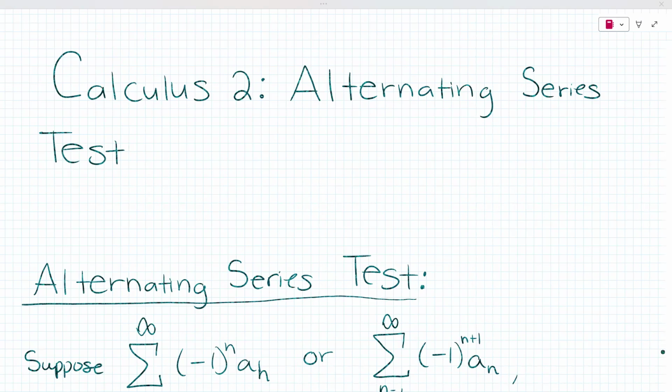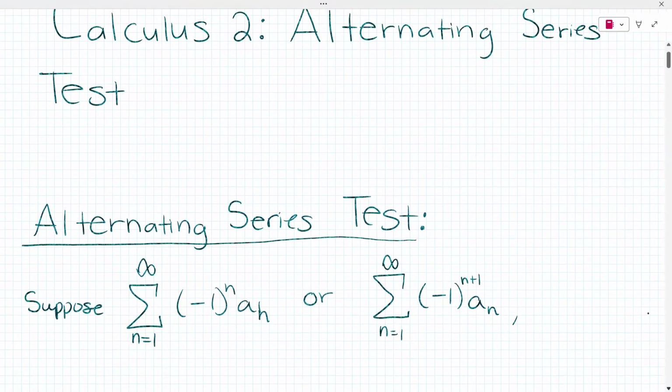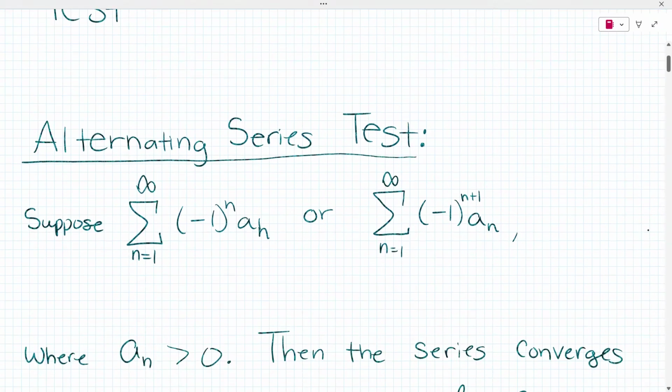So you're probably thinking, when should I use the alternating series test? If you have anything that's (-1) raised to the n, or (-1) raised to the n plus 1, I think the key is (-1) raised to an n, where a_n is greater than 0.